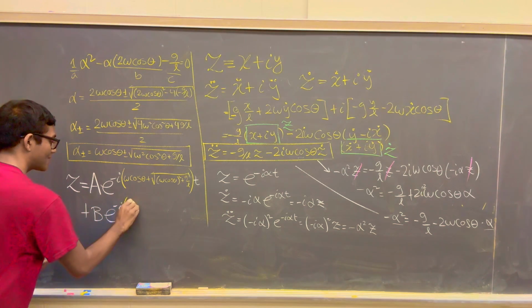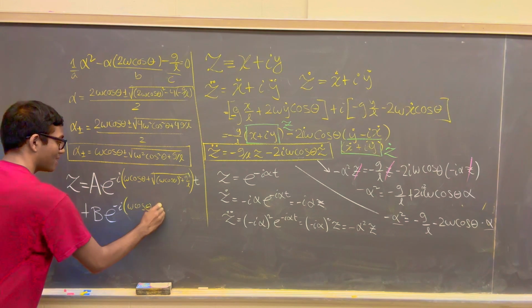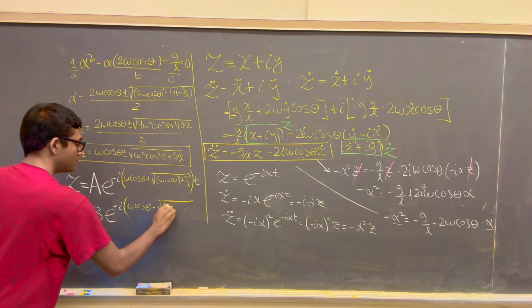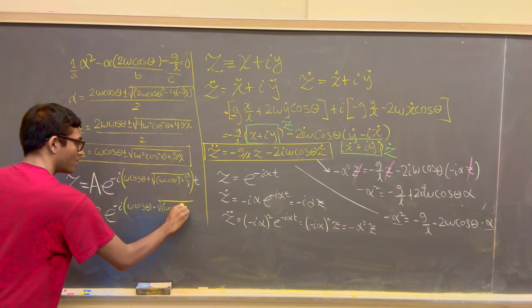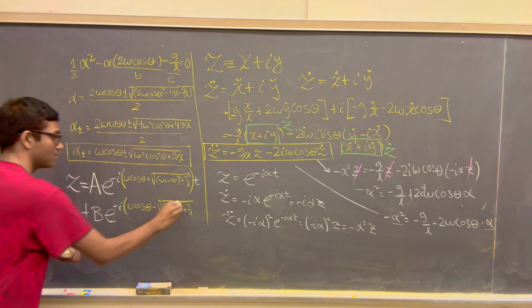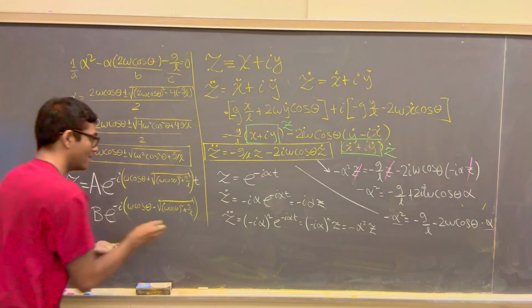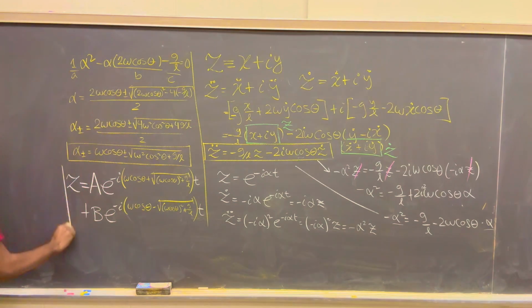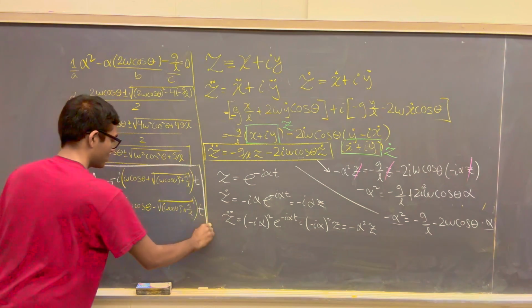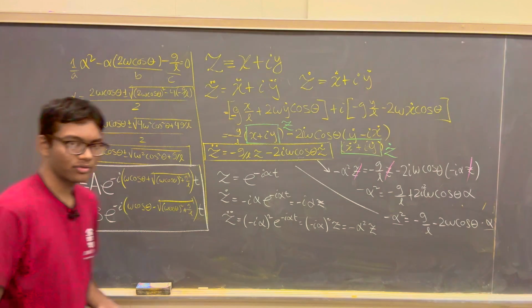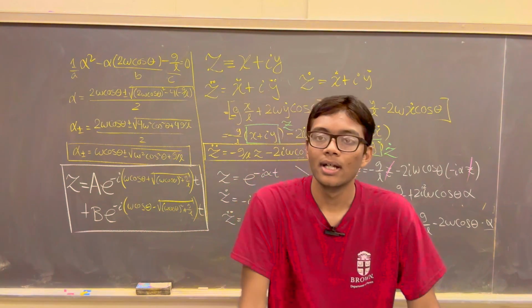So the exact same thing, omega cosine theta, but with a negative: minus the square root of omega cosine theta squared plus g over L, times t. And this, ladies and gentlemen, is the final solution for the equation of motion for a Foucault pendulum.